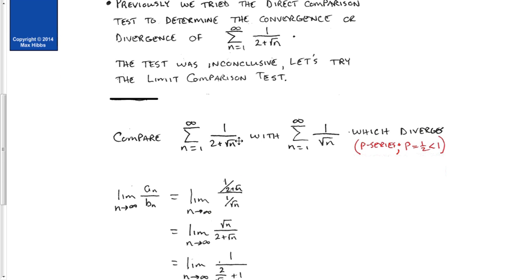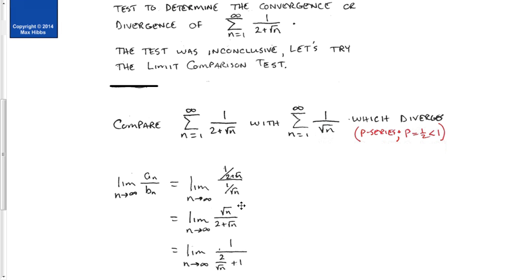Well, the a sub n's, of course, are the terms we have here, 1 over 2 plus the square root of n. The b sub n's are the terms we have here, 1 over the square root of n. And then algebraically, we used to say invert and multiply. If we're dividing by a fraction, we multiply what we're dividing into, the numerator, by the reciprocal of the denominator.